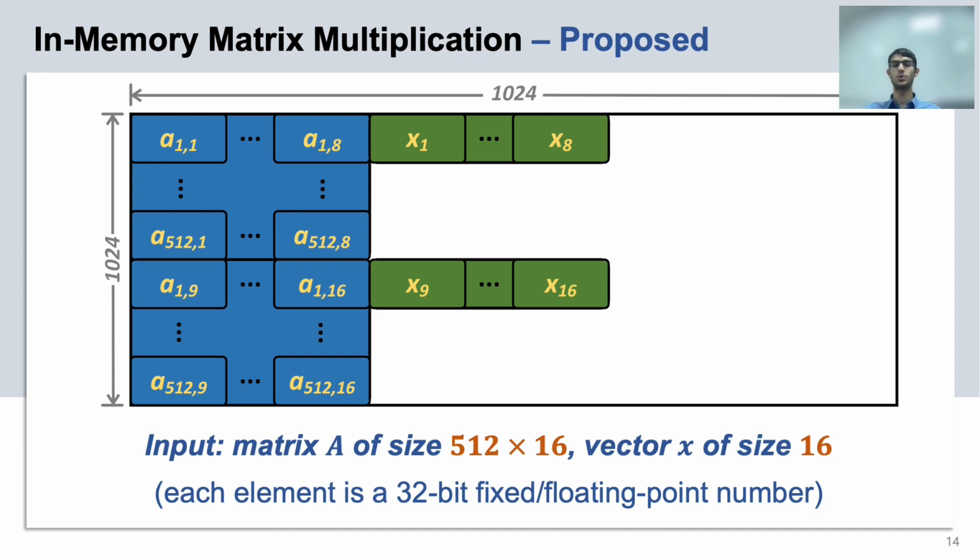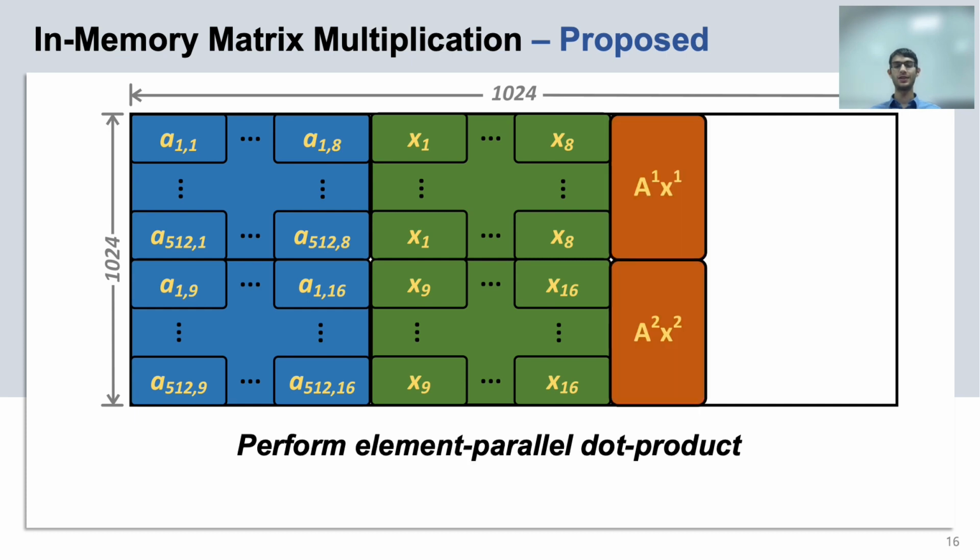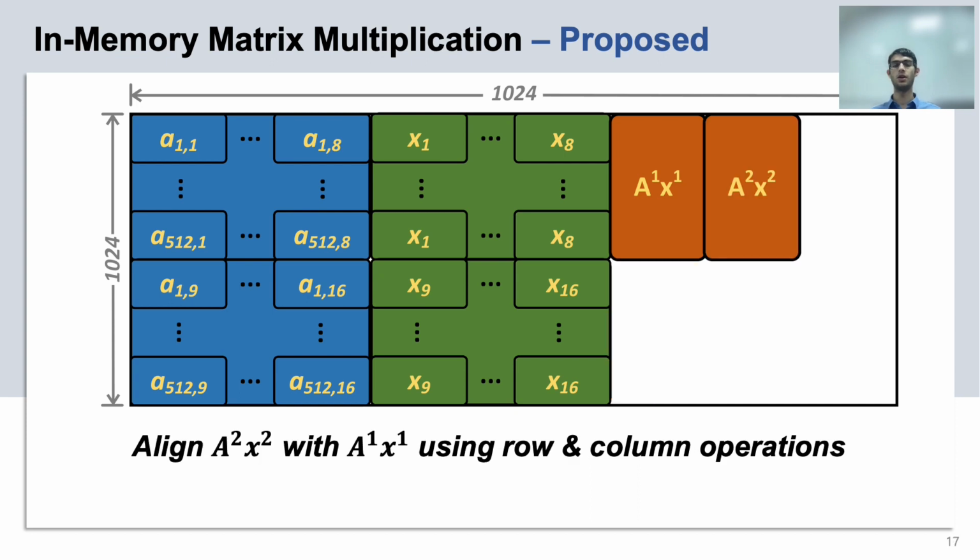And we do the same thing with vector X, splitting it into some part that's stored at the top and the other part that's stored at the bottom. We continue like before, duplicating X across all the rows, and then again we perform an element parallel dot product, which essentially gives us both A1, X1 and A2, X2. All that's left is to add these two results, so we start by shifting A2, X2 to the right and upwards, using only row and column operations, and then we add the two results using an element parallel adder.